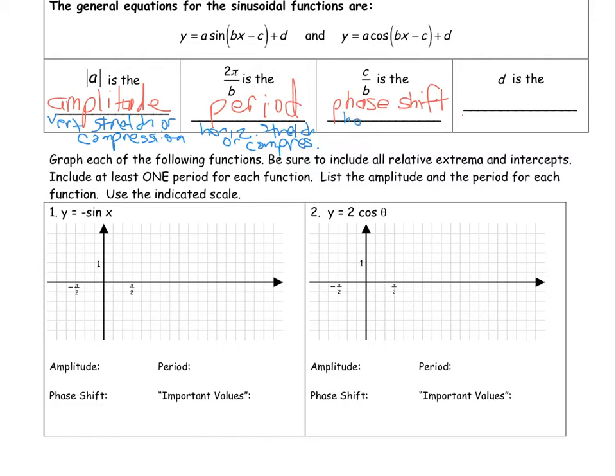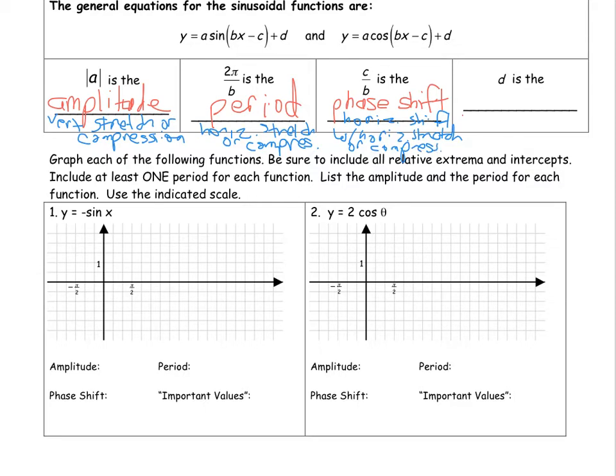So this is like a horizontal shift with a horizontal stretch or compression. And again, listen to the audio. You probably can't read my nasty handwriting there.